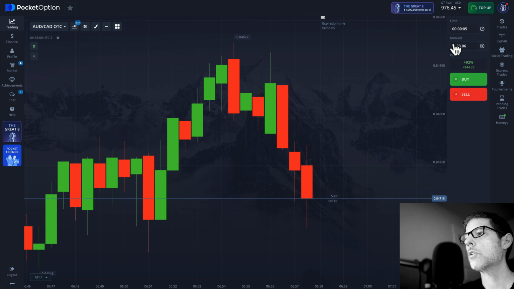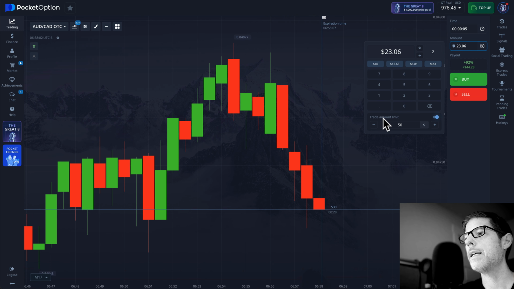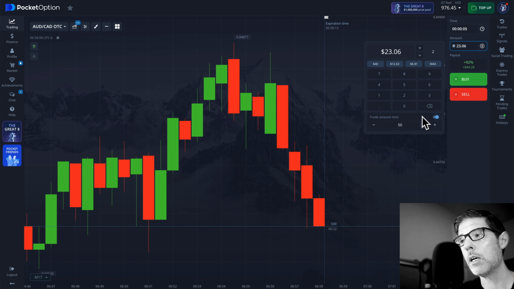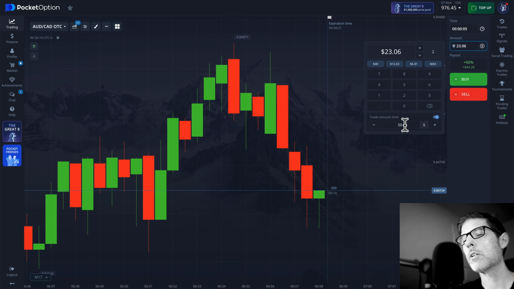And also make sure you have your trade amount limit turned on, which prevents you from trading over a selected amount, whatever amount that is. So it's a safety feature. If I put in $50, Pocket Option will not allow me to trade with more than $50. It'll prevent me from entering the market.